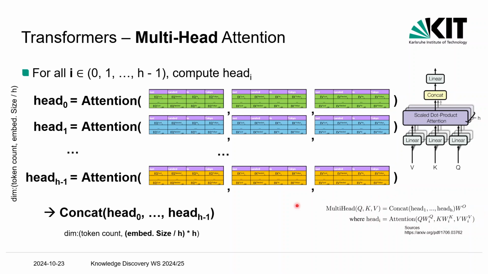So we just do the concatenation of them, meaning that we have the different heads together, each of token count by embedding size divided by h dimensions, and we have that h times, which means we're back at a matrix of dimensions token count by embedding size, which is really cool because that's what we started with in the beginning.